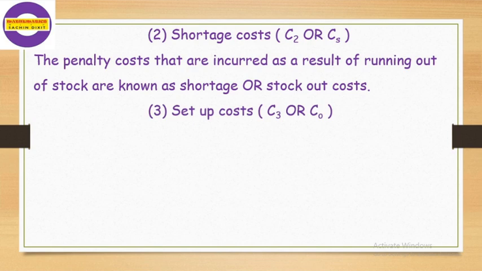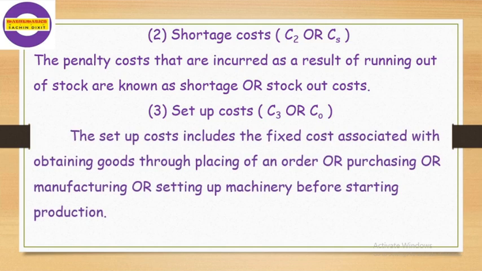Next, setup cost. They are denoted by C3 or CO. The setup cost includes the fixed cost associated with obtaining goods through placing an order or purchasing or manufacturing or setting up machinery before starting the production.